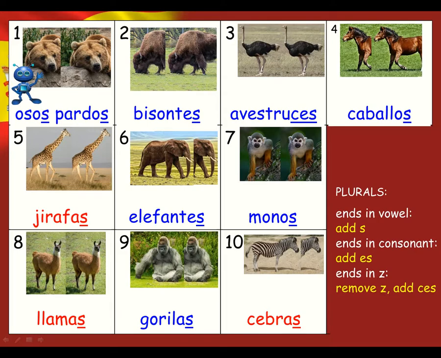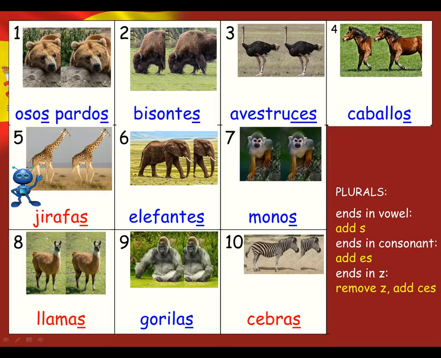Escuchad y repetid. Osos pardos. Bisontes. Avestruces. Caballos. Jirafas.